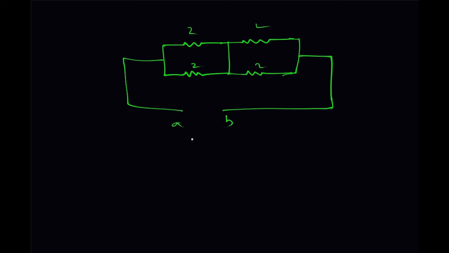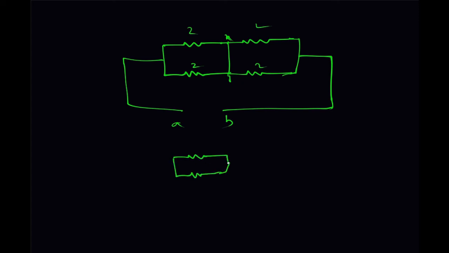Find out the equivalent resistance between these 2 terminal points. Here these 2 points are connected by a connecting lead, so these 2 points are at the same potential. So you can merge these 2 points. Suppose this is X, Y. They will merge to a single point. So the circuit will be reduced to this.